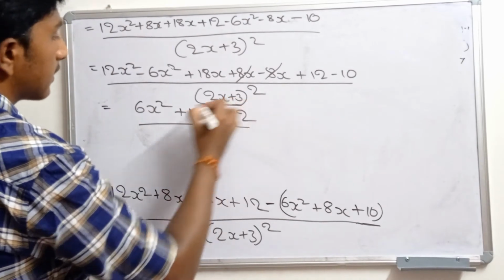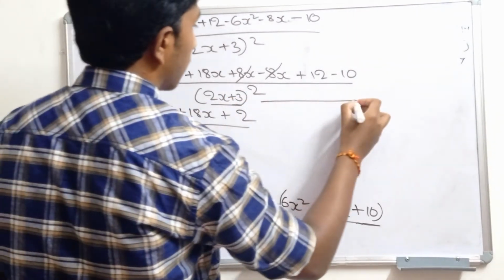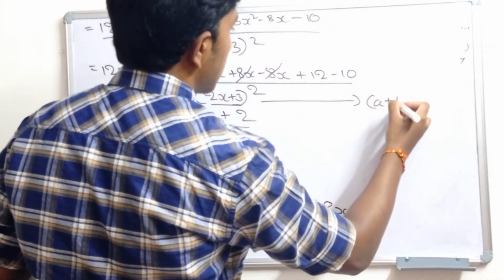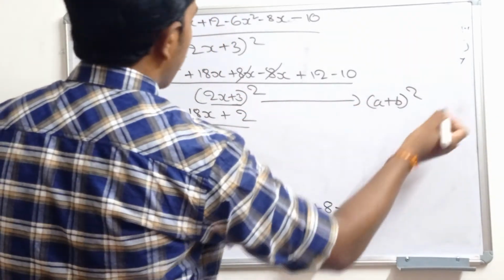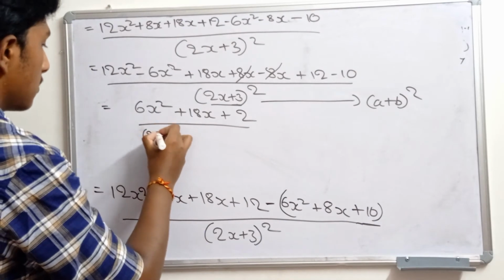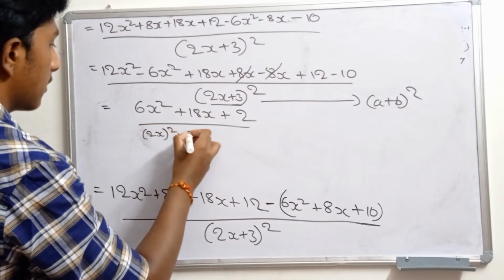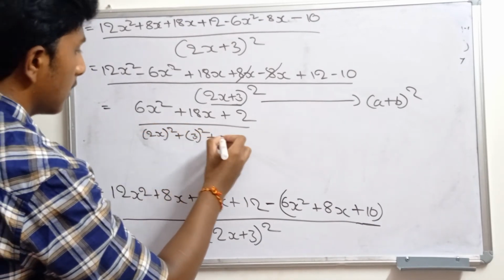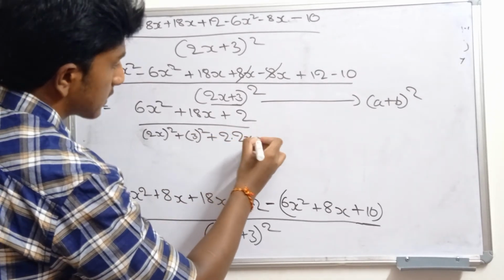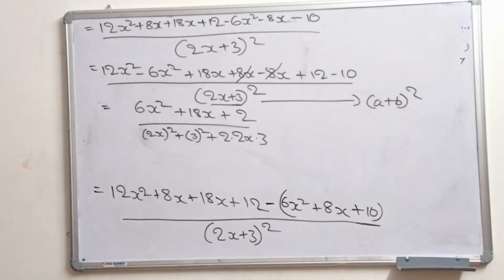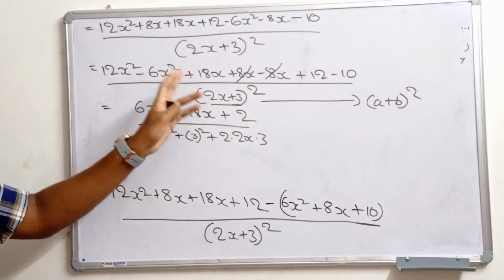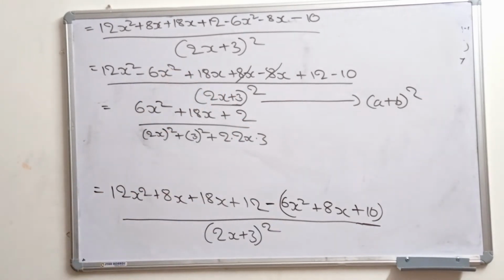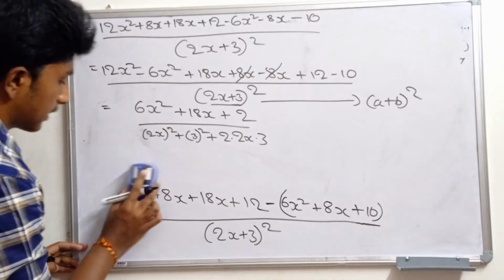Now this complete term is in the form of a plus b whole square, because a is equal to 2x, b is equal to 3. A plus b whole square means 2x whole square plus 3 whole square plus 2 into 2x into 3.